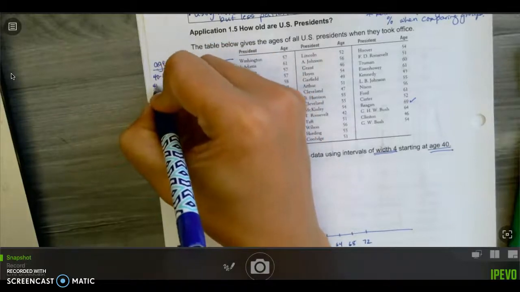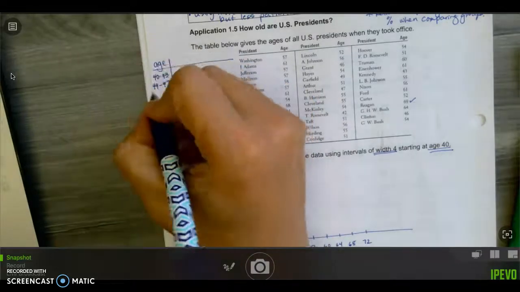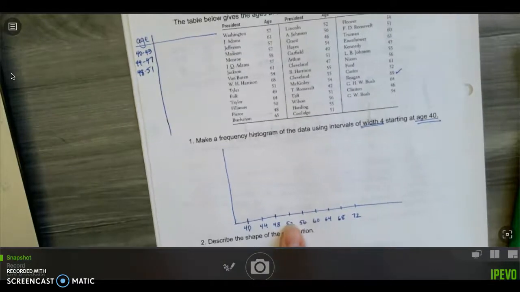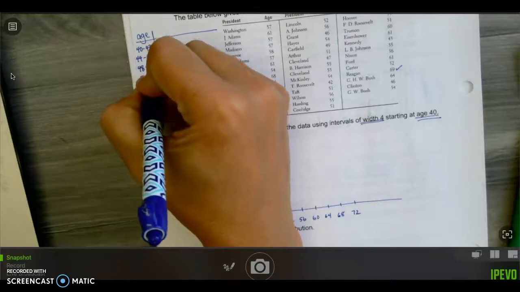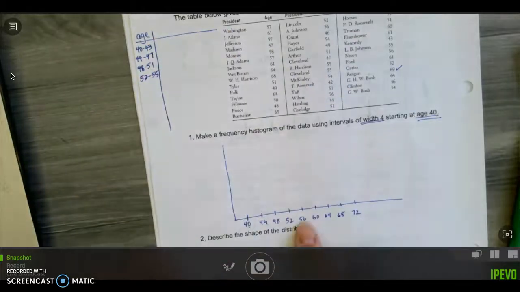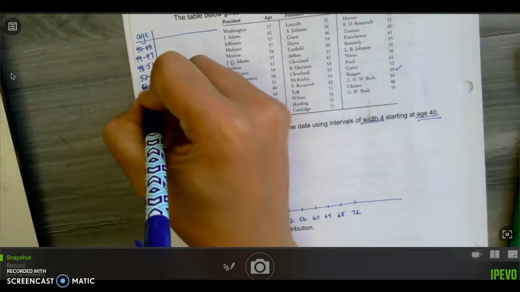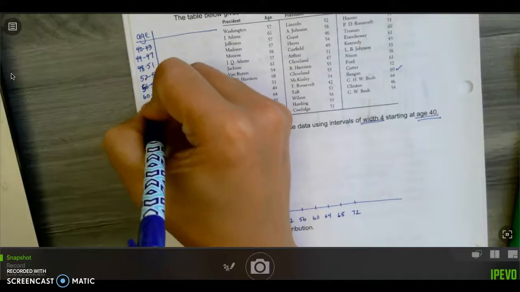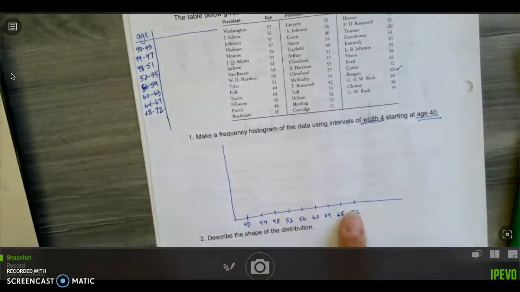I'm going to have 44 to less than 48, 48 to 51, because it has to be less than 52, 52 to 55, and then 56 to 59, 60 to 63. Okay, so that's all of my intervals.